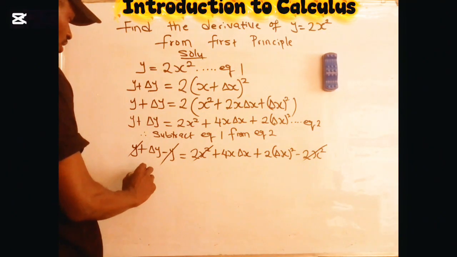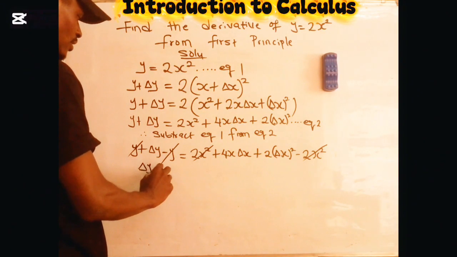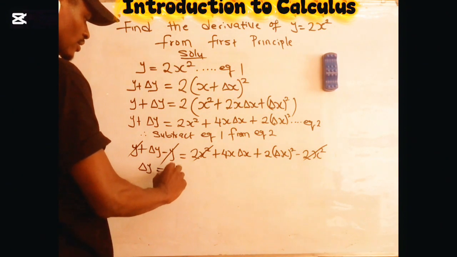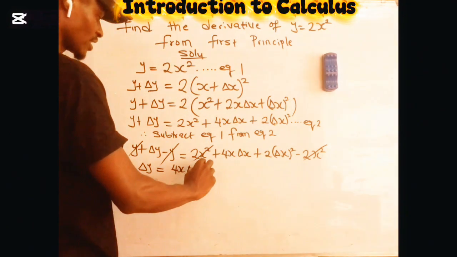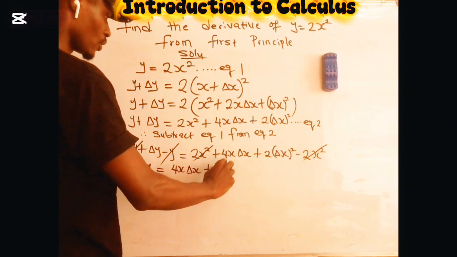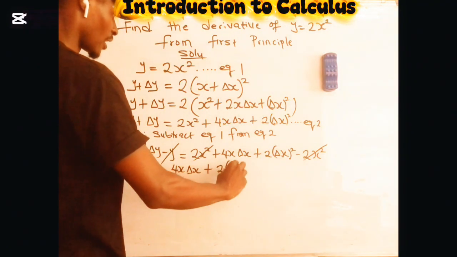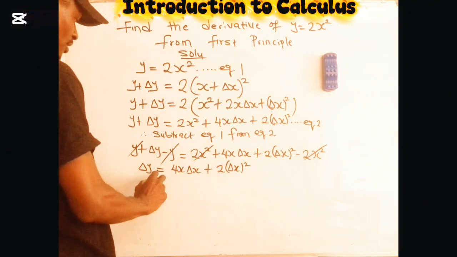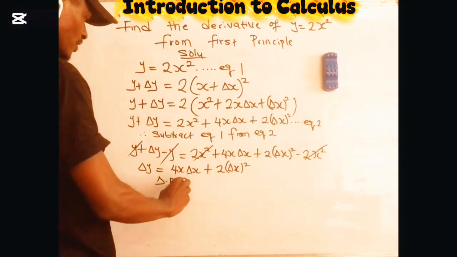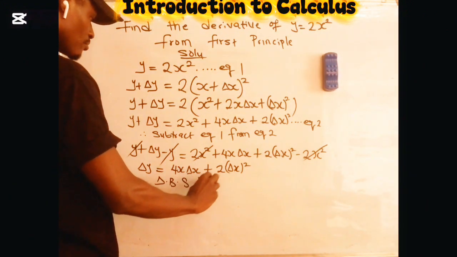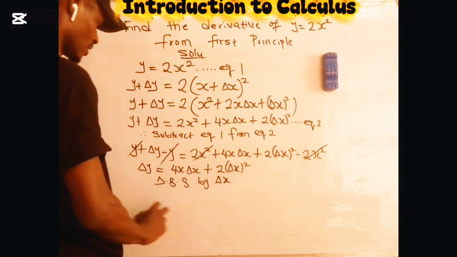Then I'll be left with changing y to be equals 4x changing x plus 2 changing x squared. So divide both sides by changing x.